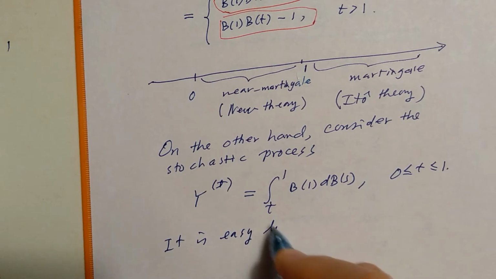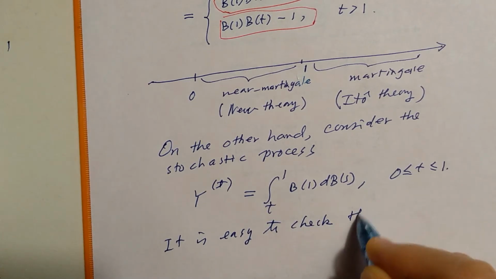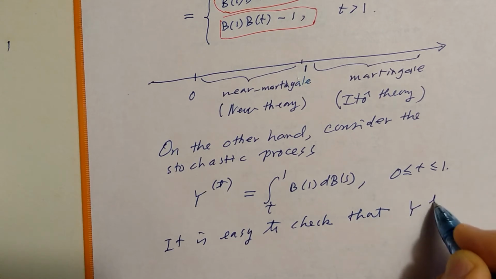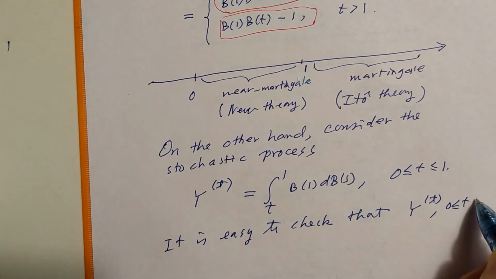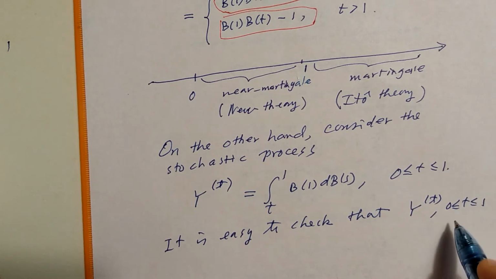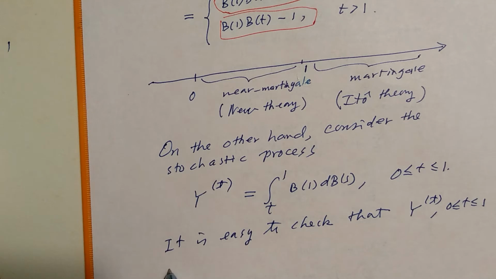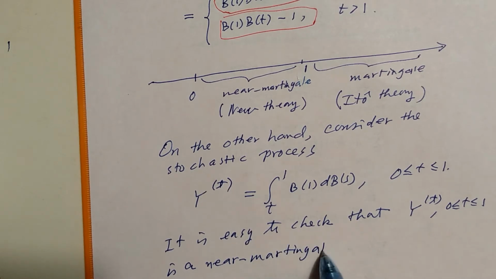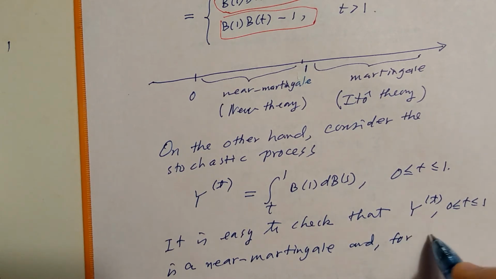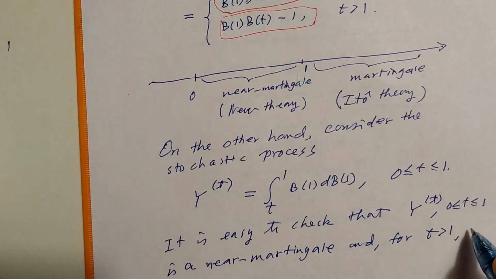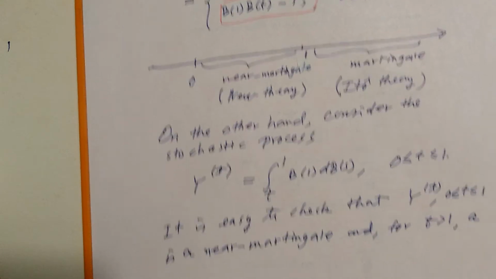It is easy to check that Y sub t for t between 0 and 1 is a near martingale, and for t greater than 1, a martingale.